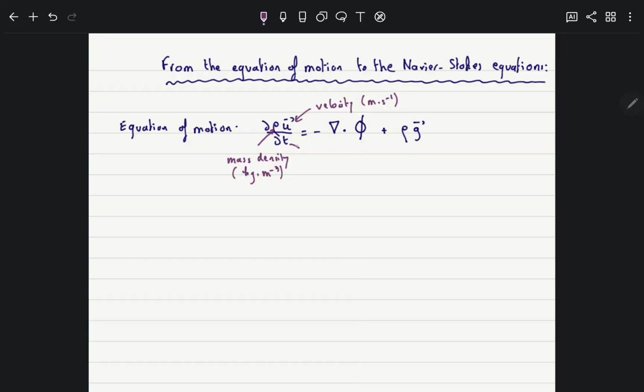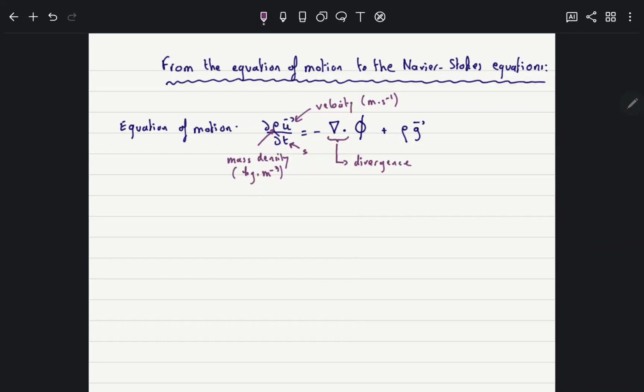T is obviously the time, so this one doesn't need introduction, and it's in second. Here we have the dot product of the nabla operator and the momentum flux. So that's basically the divergence of the momentum flux.